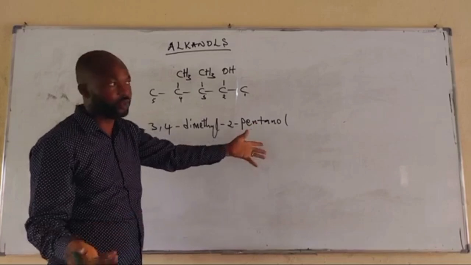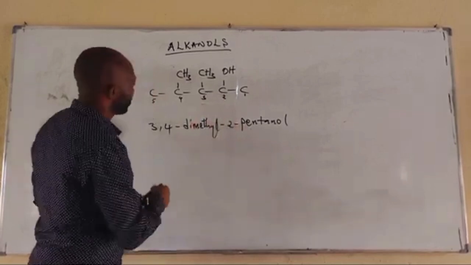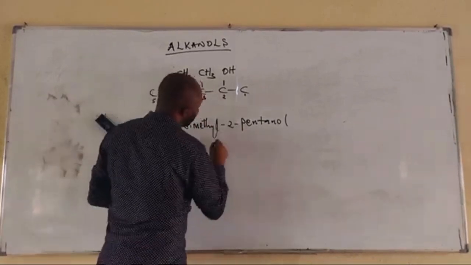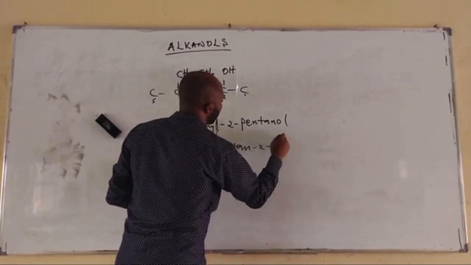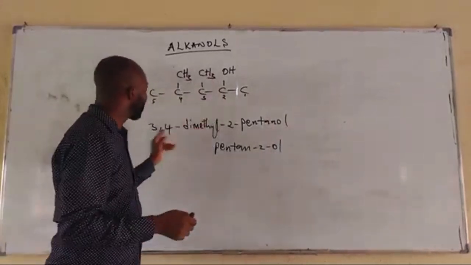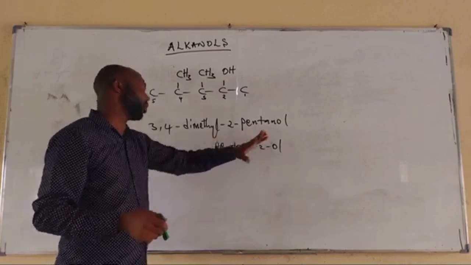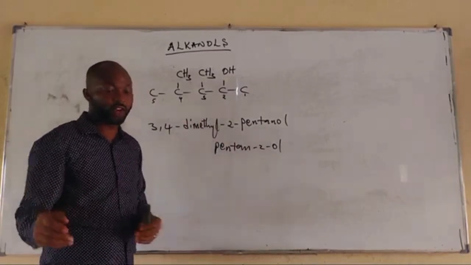It's another way, if you like it that way. So either way, we can still go with it: 3,4-dimethylpentan-2-ol or 3,4-dimethyl 2-pentanol. So any of that.